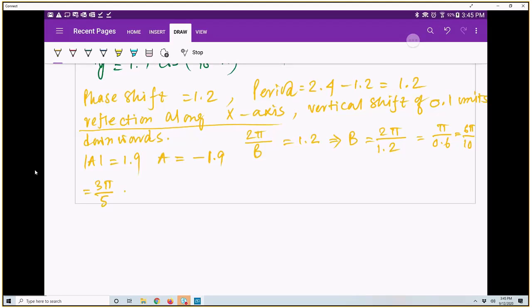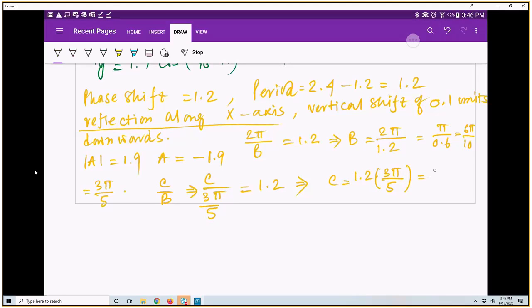That is going to help you to find the C value. Remember, the phase shift is C over B. So in our situation, it is C over 3 pi over 5. And that I found out to be 1.2 as well, because the phase shift is 1.2. So that implies C is equal to 1.2 times 3 pi over 5.